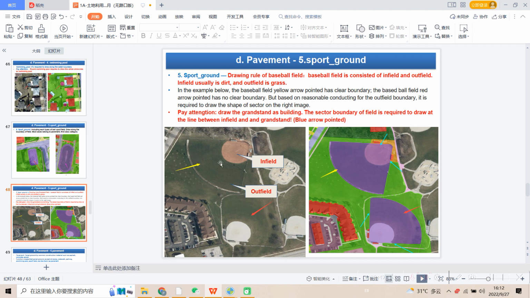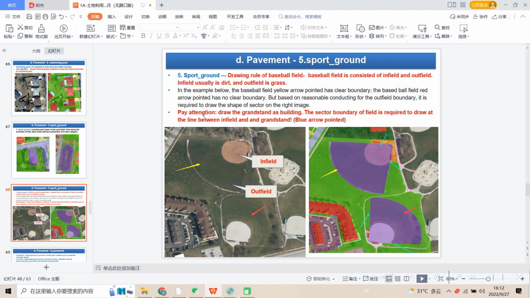But based on a reasonable guess for the outfield boundary, it is required to draw the shape of a sector on the red image. So we can follow what we draw for the yellow arrow baseball field and copy it to the red arrow baseball field.